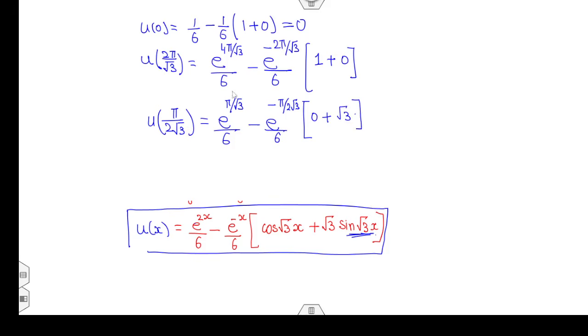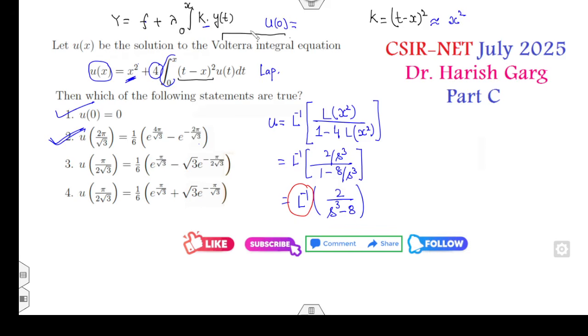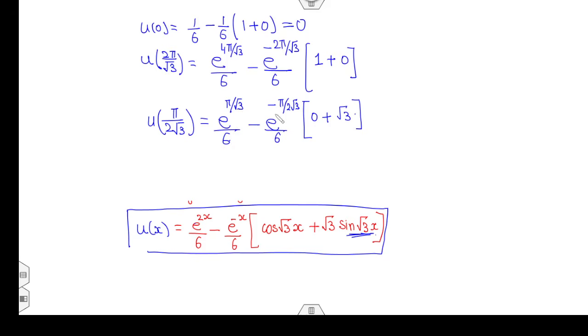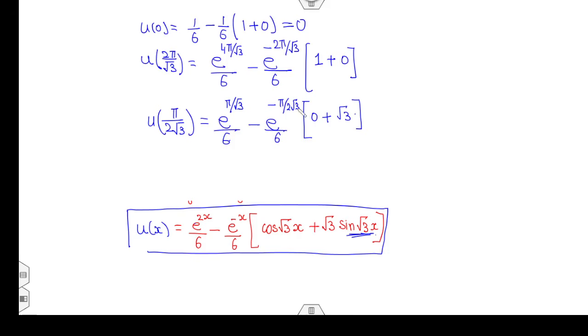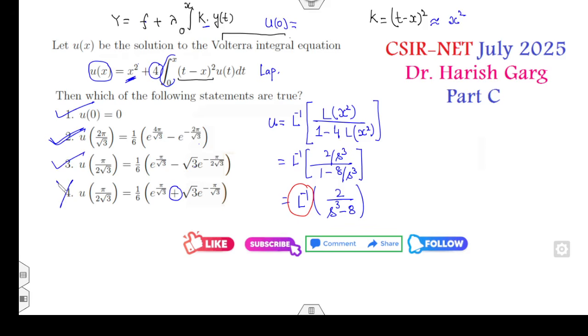So the answer will be e raised to power pi by root 3 over 6 as the common factor, minus e raised to power root 3, but it is positive, and we need a negative. Fine. So that means C is the right option, D is the wrong answer. A, B and C are the right answers of this problem.